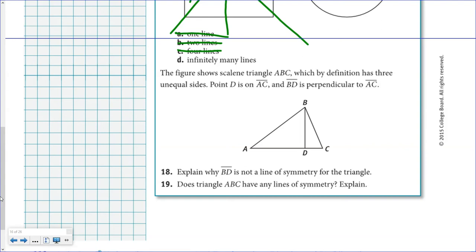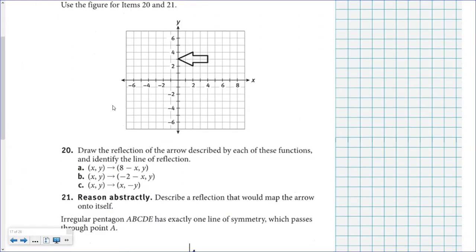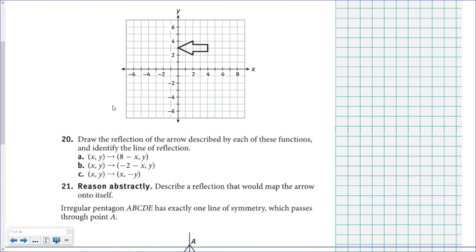Okay, so now let's go to the last page dealing with the practice problems. They want us to draw the reflection of the arrow described by each of these functions. So the easiest thing to do is to pick some points on your arrow. So I'm going to pick the point 0, 3.